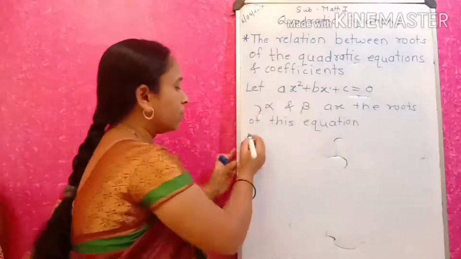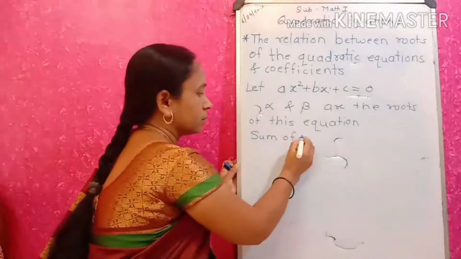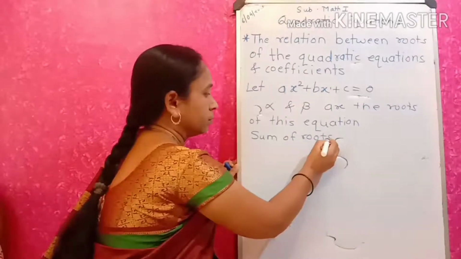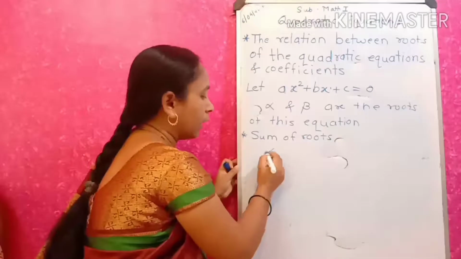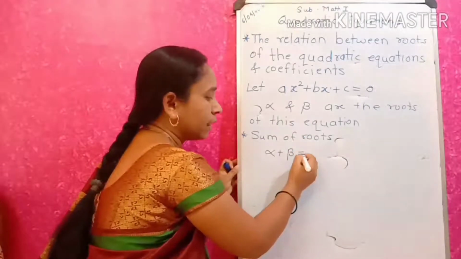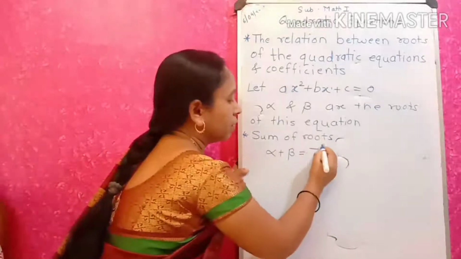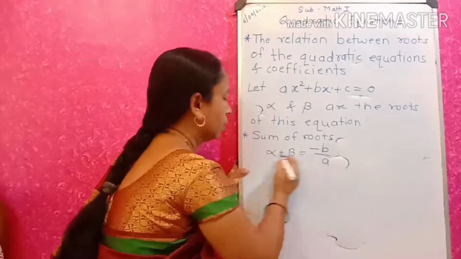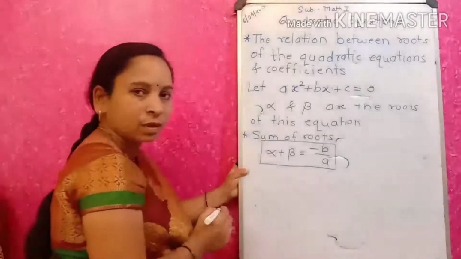Now what is the relation of alpha and beta and the coefficients a, b and c? If we take the sum of roots, alpha plus beta, we get the relation: it is minus b upon a. So here you get one formula, one relation.